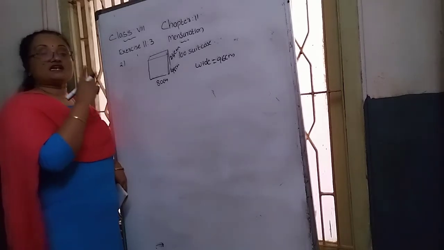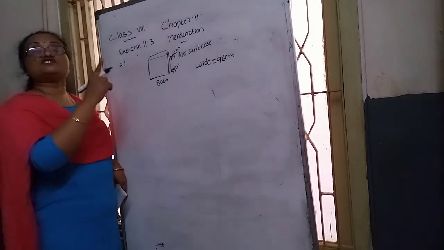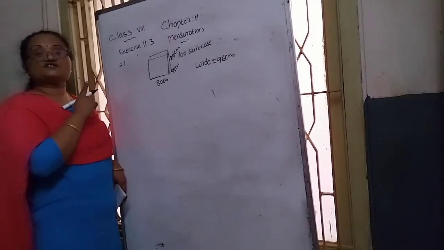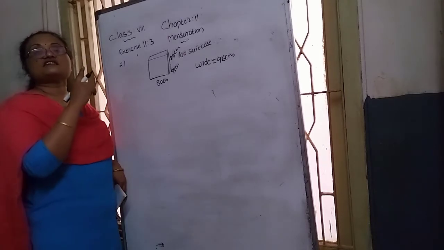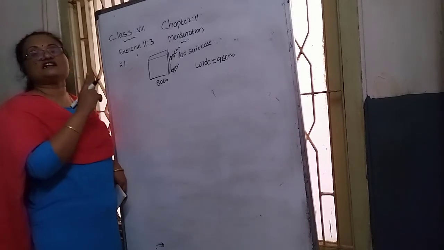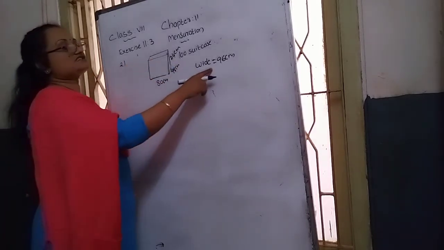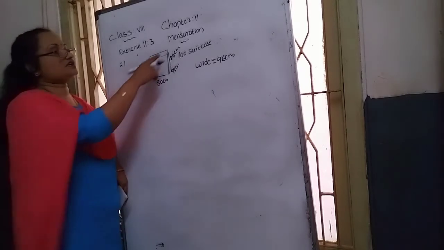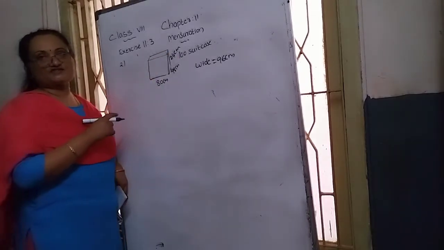Then find the area of 1 meter length of tarpaulin. Tarpaulin is in rectangle shape, so area is length into breadth. We consider length as 1 meter, but the breadth is in centimeter, and the suitcase measurements are also in centimeter.